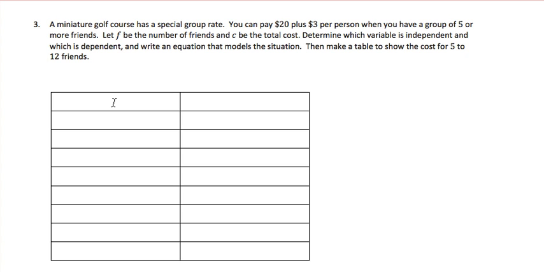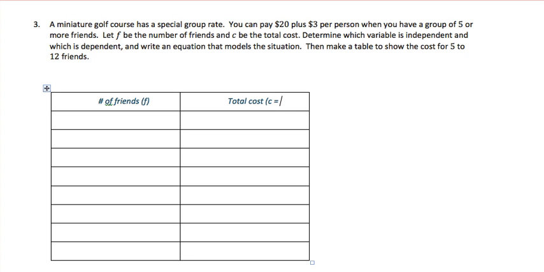So our independent variable would be the number of friends, which we'll represent as F. And our dependent variable then will be the cost, and we'll represent that as C.